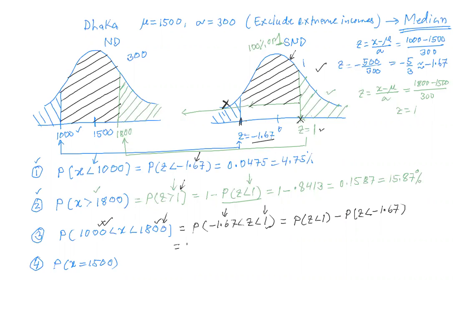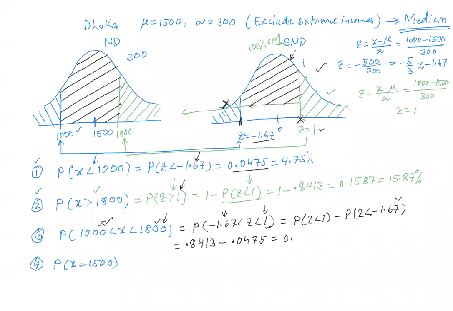Now, we found these values before. Z less than 1 is 0.8413, minus the probability of Z less than negative 1.67, which is 0.0475. If you do the subtraction, 0.8413 minus 0.0475 is going to be 0.7938.